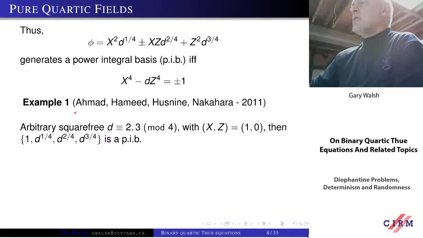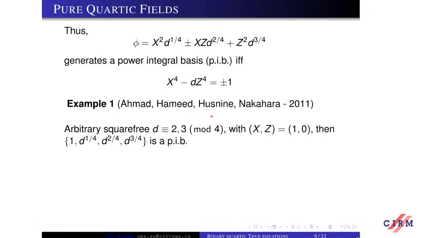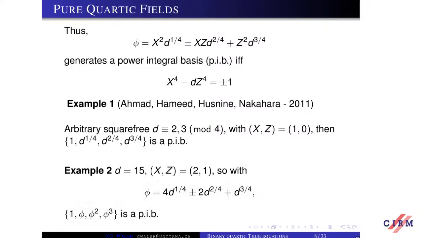It was a result of Ahmad, Hamid, Husneen, and Nakahara from 2011, and they showed that for arbitrary d congruent to 2 or 3 mod 4, you always get an integral basis from the trivial solution of the index form equation. So this set of numbers is a power integral basis. This is kind of the trivial solution to our problem, but there are non-trivial solutions to the problem.